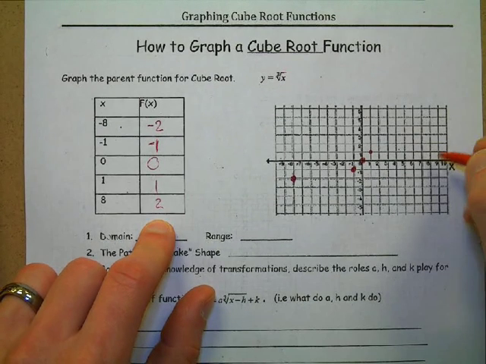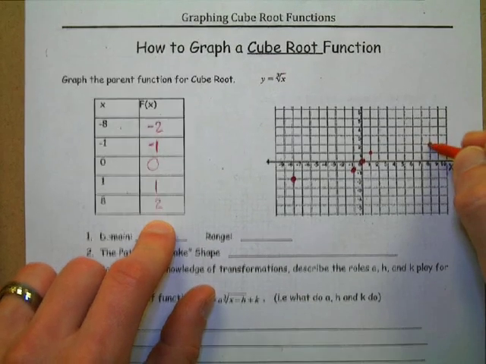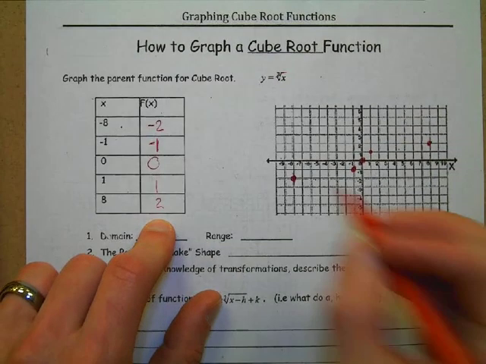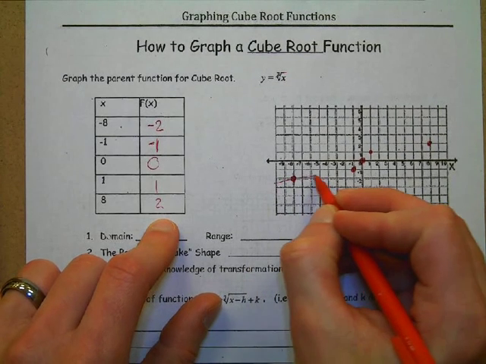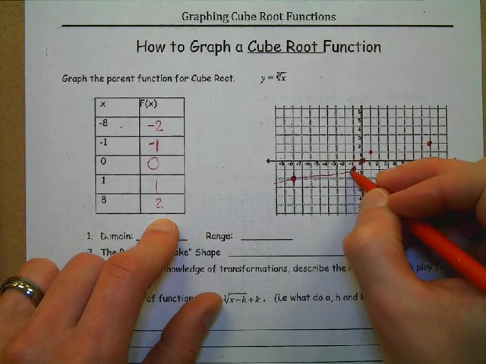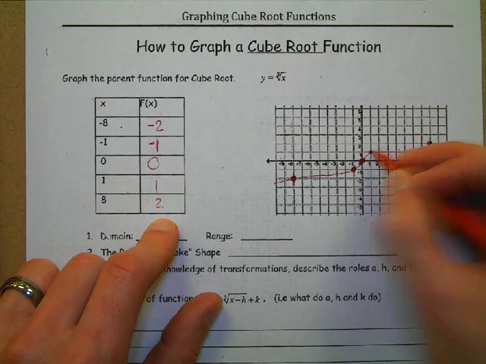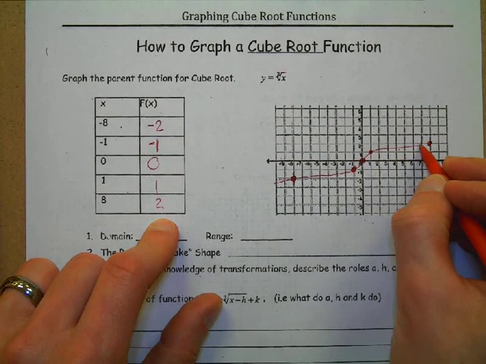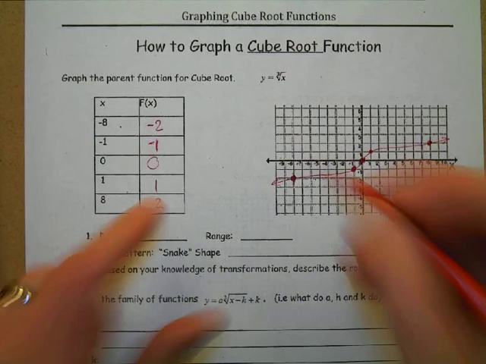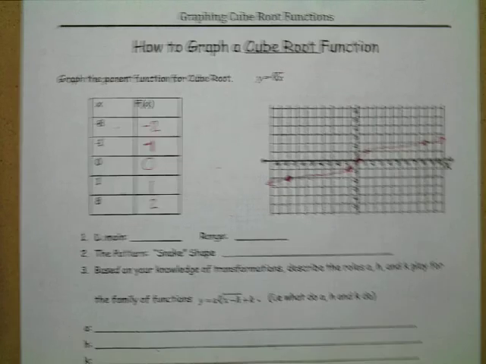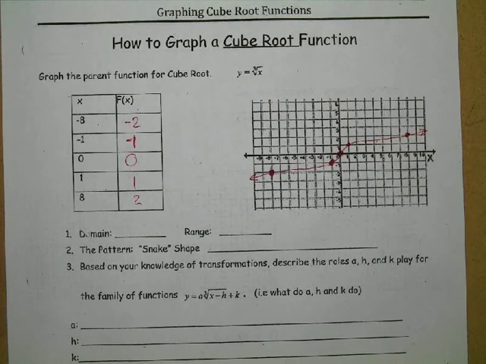And then 8, 2. Okay, and we'll connect the dots. Okay, this is a cubic function that's just kind of like a reflection over the line y equals x. There it is.